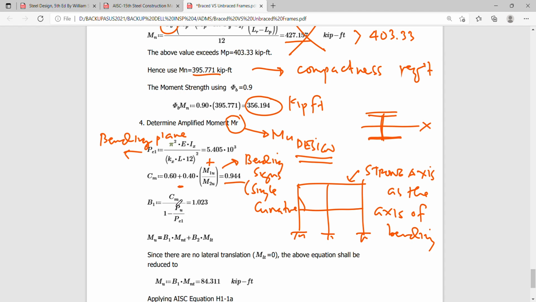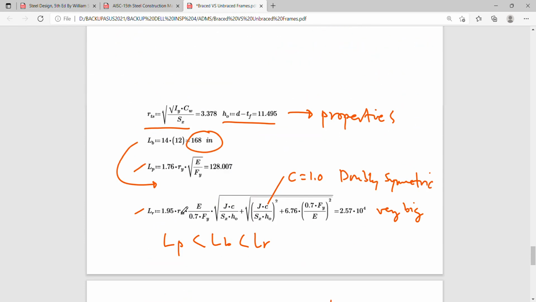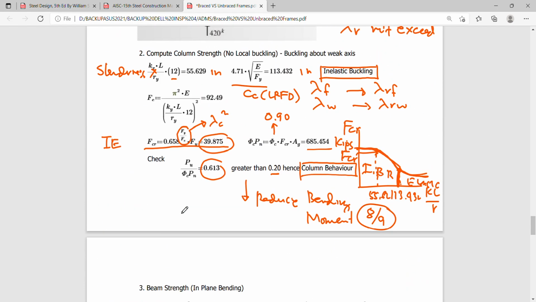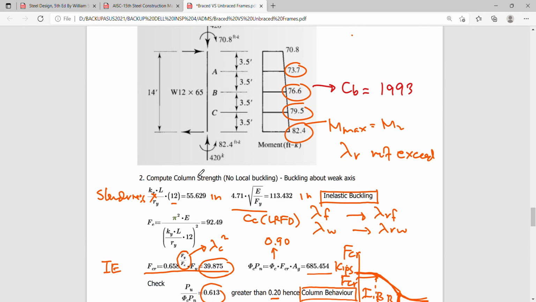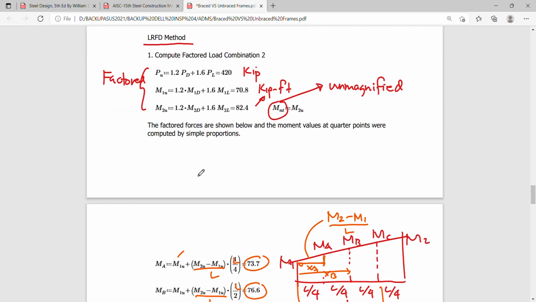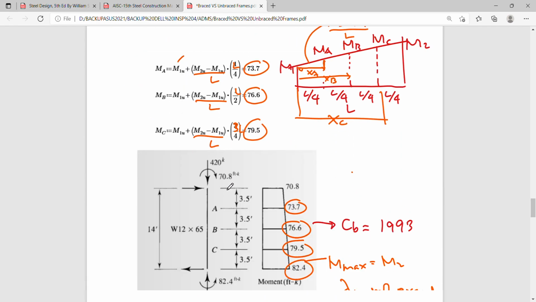Therefore, B1 is equal to CM all over 1 minus P over PU1, where PU here is the PU that we have computed a while ago here. Okay, so we have, yes, here. PU is this value here, okay? It's the actual value of 420 kip.